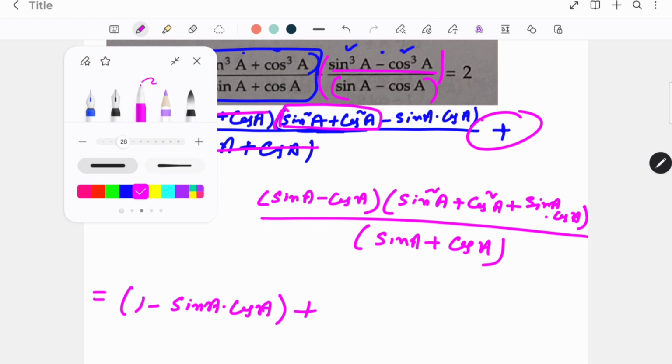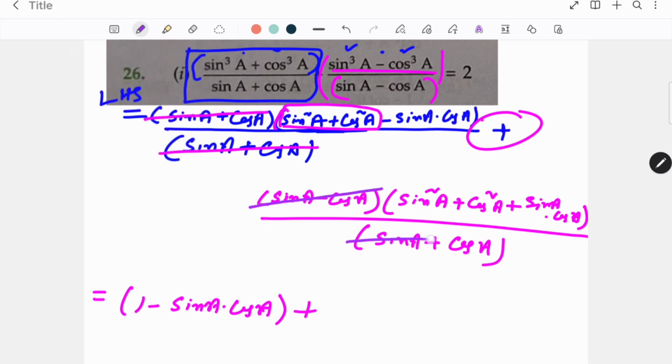In the next part, this part and this part will be cancelled. For this, sin square plus cos square will be 1, so here we'll get 1, and here the plus sign is there, check, so 1 plus sin a into cos a.